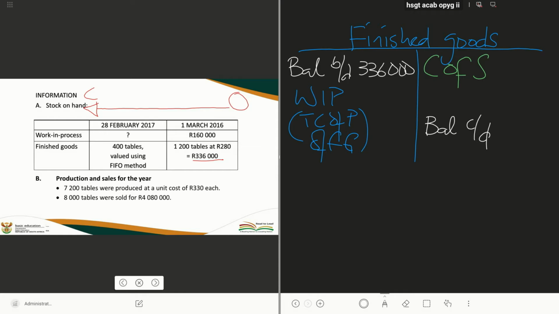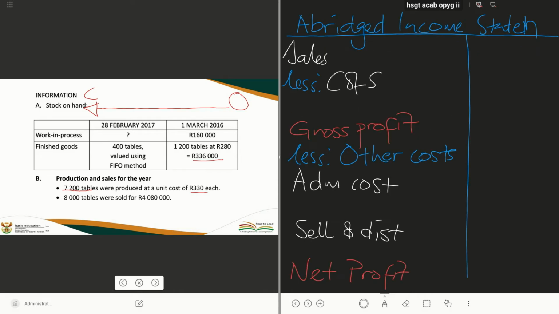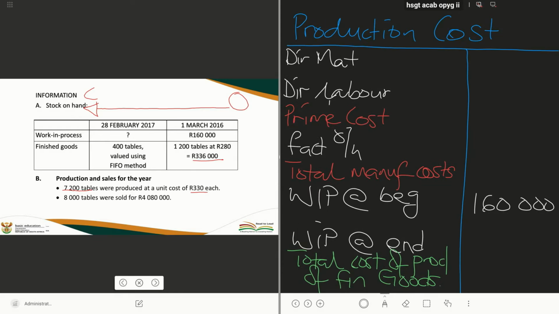Let's go to information B. They say production and sales for the year were as follows. We produced 7,200 tables at 330 per table. So now let us check. If you go to your production cost statement, remember the main aim is to find the total cost of production of finished goods. And they said we've produced 7,200 tables.